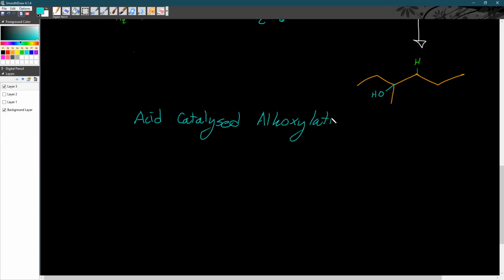Once again, we can go through this and say acid is H plus, catalyzed means sped up. Alkoxies are things where you have that RO group, so we're talking about something like an ether.